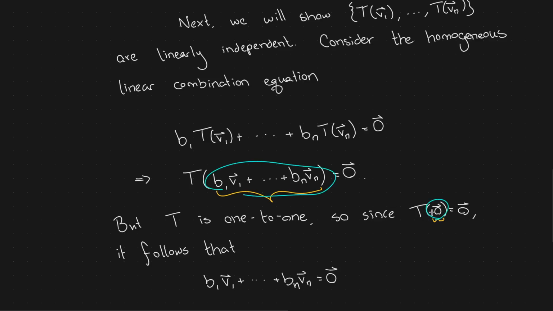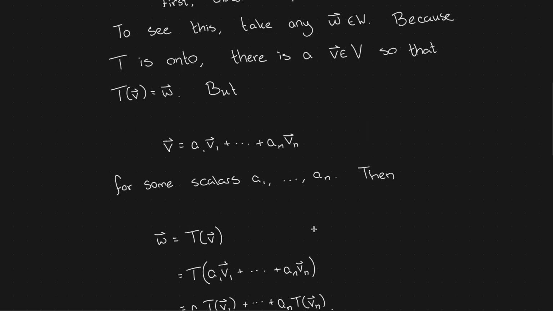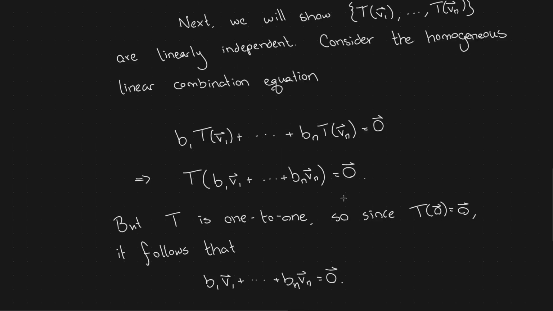This has to equal that. But now we're using vectors v1 to vn. We know by our assumption vectors v1 to vn is a basis for vector space V, and a basis is linearly independent.